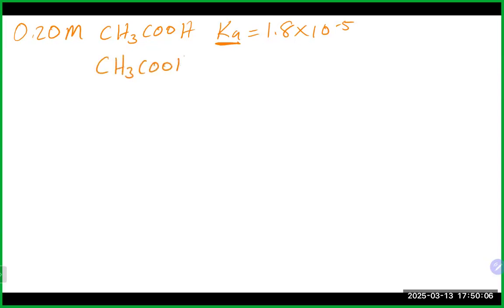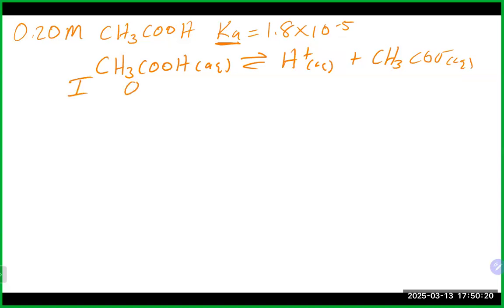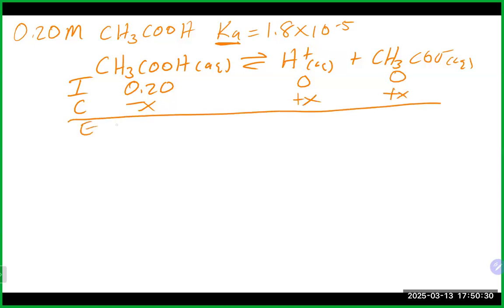It's just the dissociation of our weak acid losing its hydrogen and going to make a little acetate. We'll do our initial here, which is 0.2. We got 0 and 0. Our change will be minus x, plus x, plus x. That means when we reach equilibrium, 0.2 minus x, x and x.